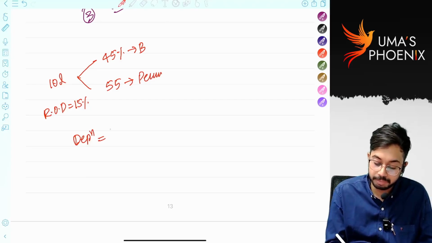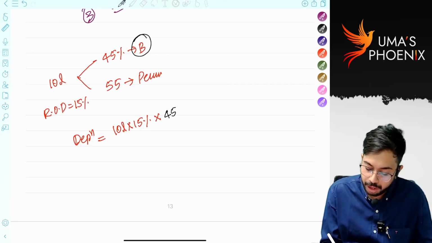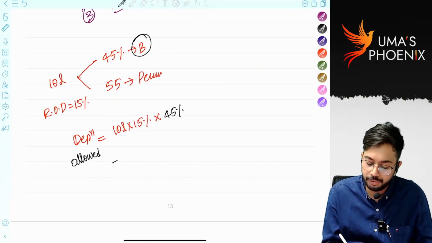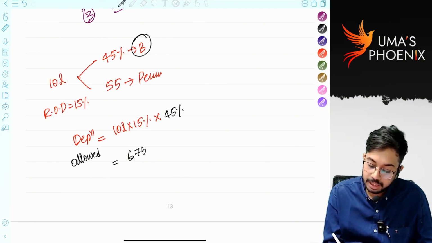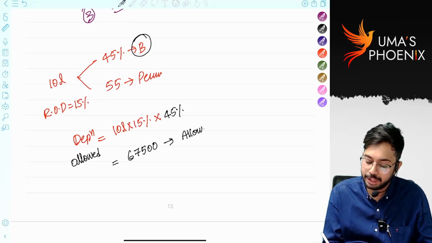Depreciation will be 10 lakhs into 15% into, for how much percentage I used it for business? 45%. So into 45%, depreciation allowed is equal to 10 lakhs into 15% into 45%. How much? 67,500. So only this is allowed as expenditure.